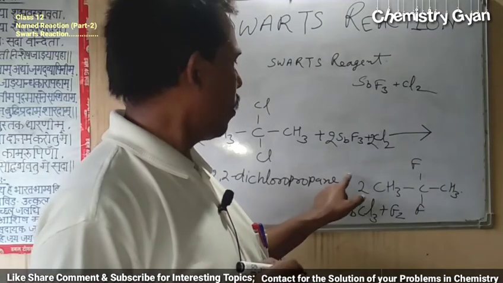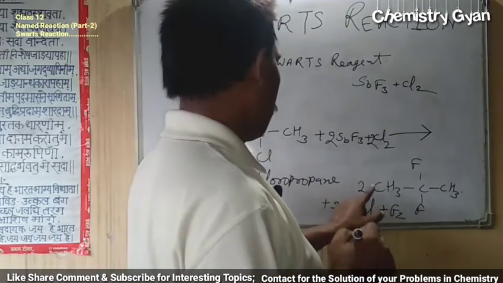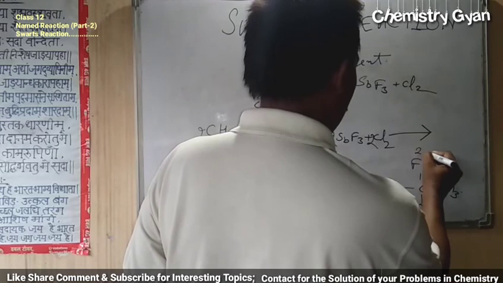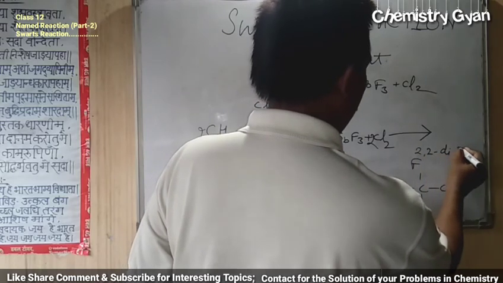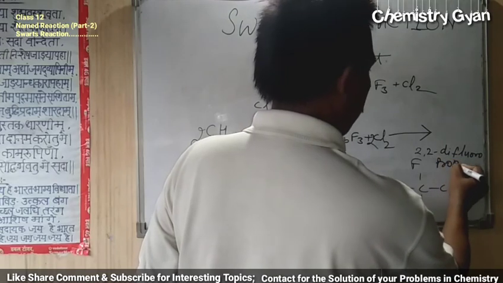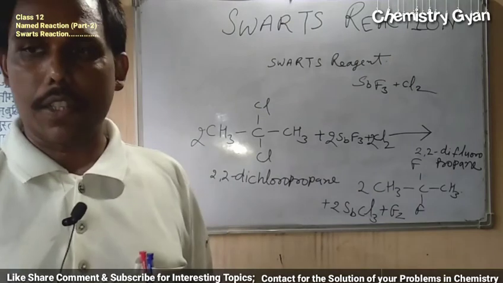Here you have obtained 2,2-difluoropropane. So this is your Swarts reaction.